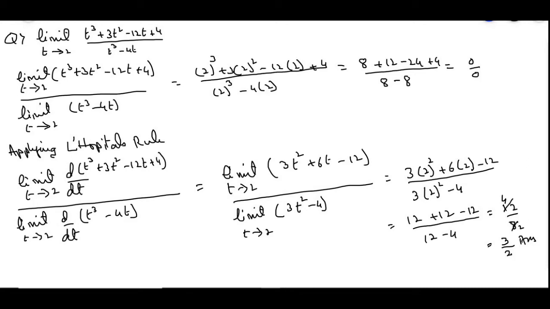This is the answer. Now question number 8. Limit t approaches 1, t cube plus t square minus 5t plus 3 divided by t cube minus 3t plus 2.